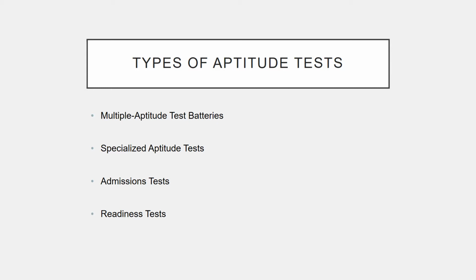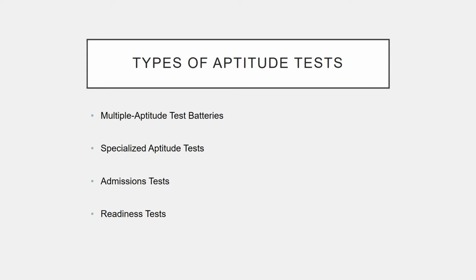Aptitude is about predicting future success. It's about your potential to be able to do something. So the whole point of aptitude tests is to predict how well someone's going to do things in the future, how well someone's going to do in a certain environment, how well someone's going to do in a certain career perhaps.